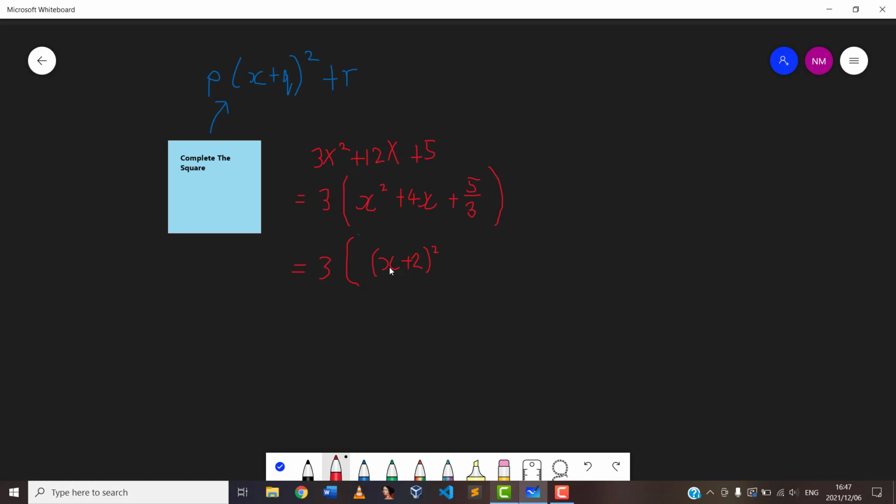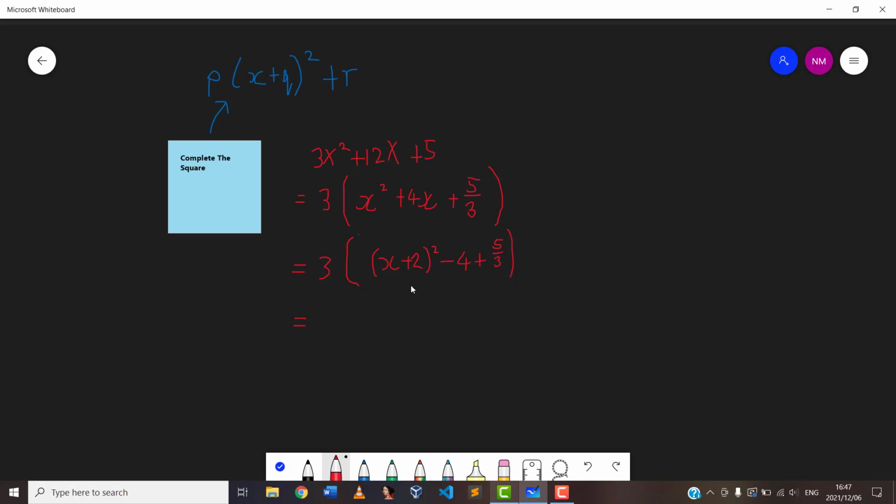So now when we expand this, we're going to get x squared plus 4x plus 4. So now this is kind of identical to over here, except we don't want that last plus 4. So we're just going to say minus 4 to negate it. And then we just add on this constant here, plus 5 over 3.